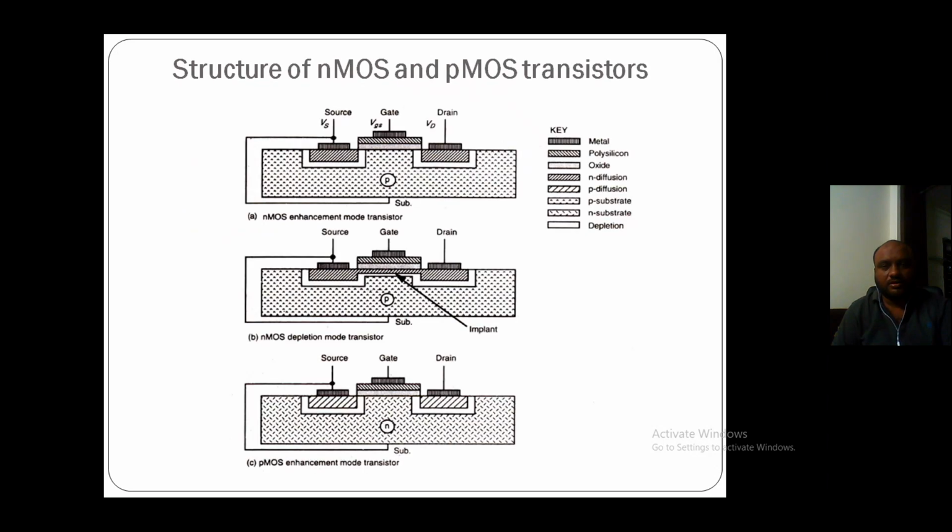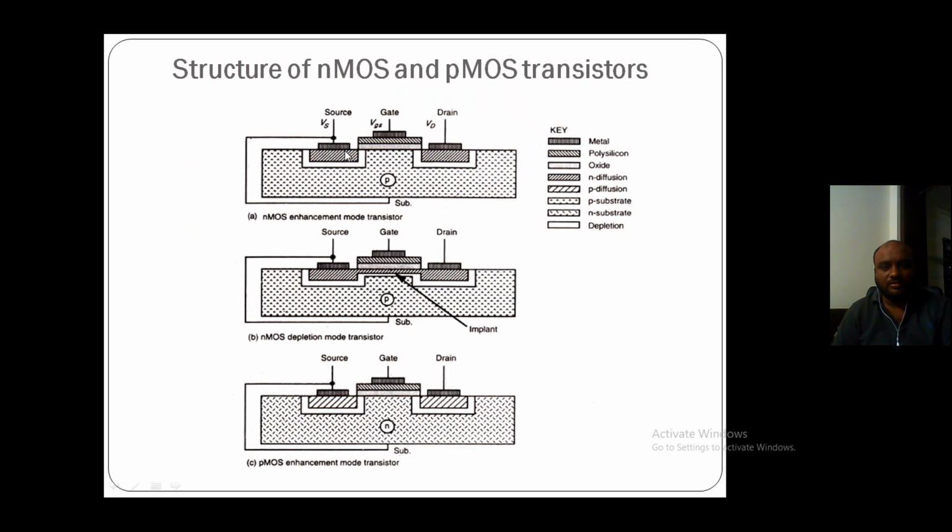The basic structure of NMOS and PMOS transistors is shown in this slide. The first figure shows the NMOS enhancement mode transistor without application of any external bias. After fabrication, the front cross-sectional view of the MOSFET N-channel enhancement mode is shown here, where this consists of a P substrate.